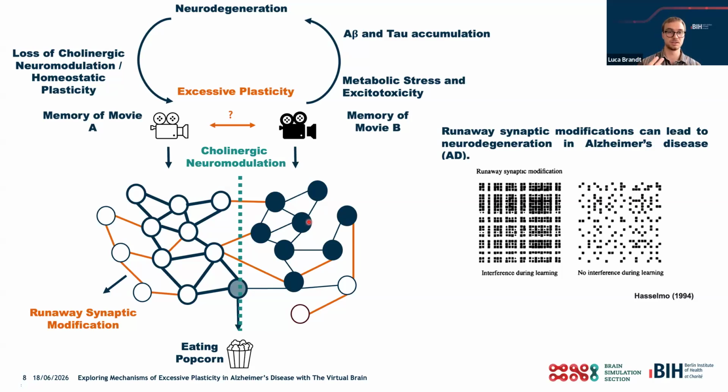So tau is really involved in the transport mechanisms of the neurons, and they break down due to the stress and this tilted balance. And this then facilitates neurodegeneration and further destabilizes the system. And this is what we investigate today.